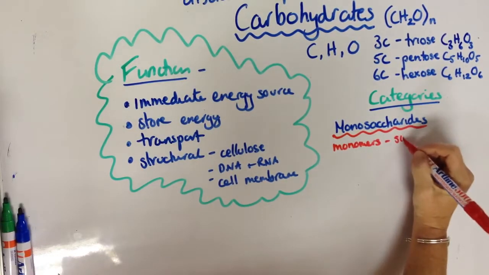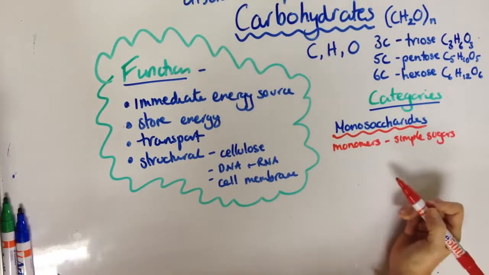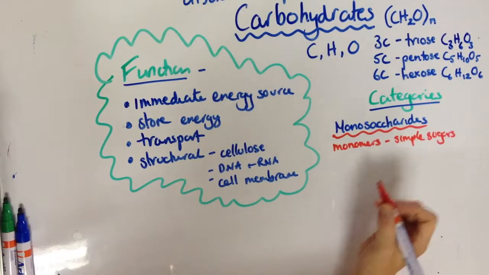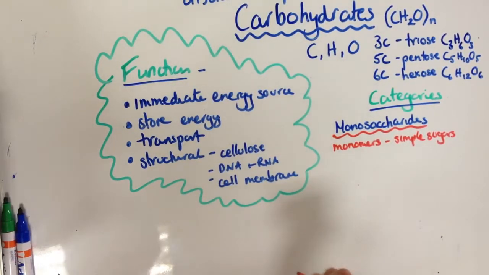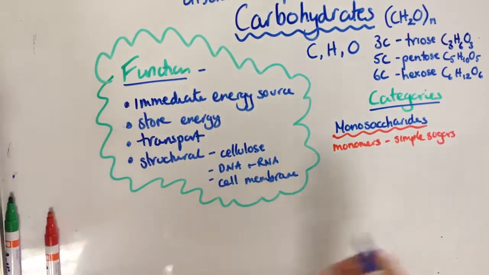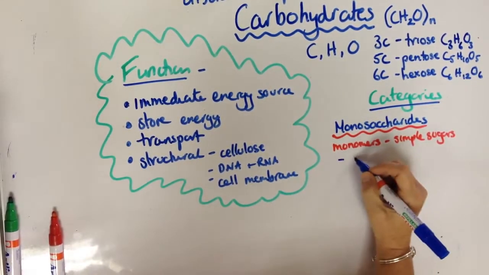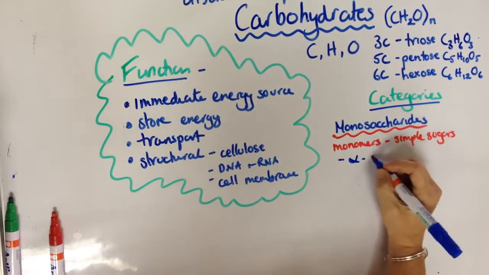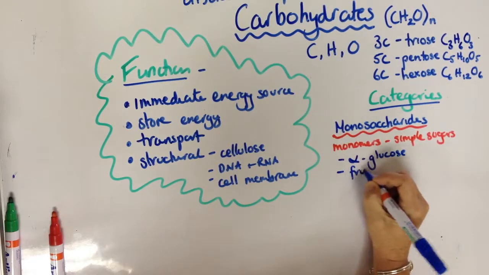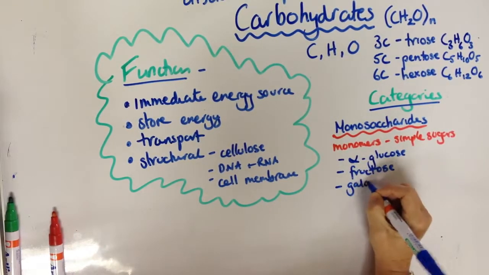These are simple sugars, and that's where the word saccharide comes from. Something saccharine is very sweet, isn't it? That's a similar thing. Now, the ones that are important for your specification, and there are lots of them, are alpha glucose, fructose, and galactose.